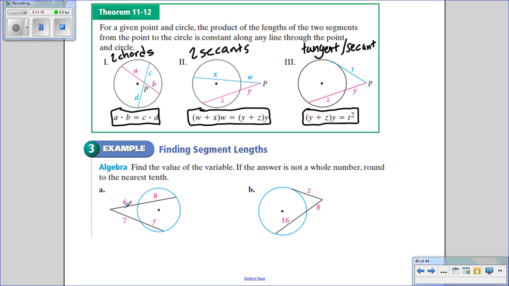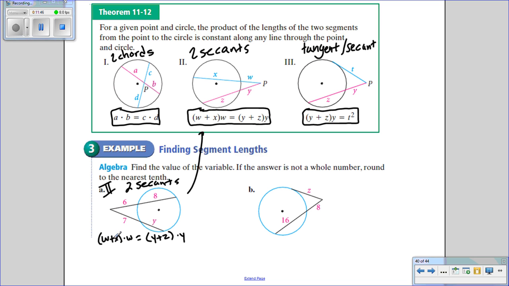So here's a case, this would be a secant and a secant. This is case 2, right? Two secants. So our formula, which is this formula right up here, let me write this out. This is w plus x times w equals y plus z times y.